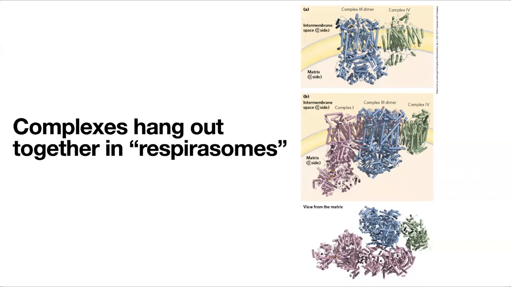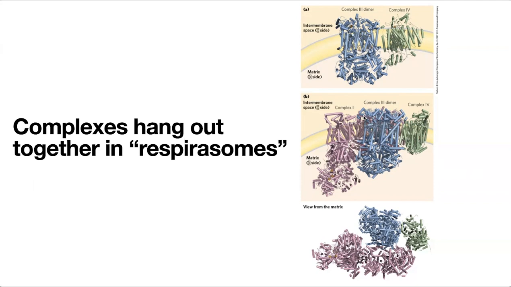As we touched on briefly in the last video, rather than hanging out by themselves, these complexes typically chill together in these respiratomes. So basically, each of these complexes has a lot of different proteins, and then each of these complexes hangs out with one another, and you get these clusters of molecules in the membrane.